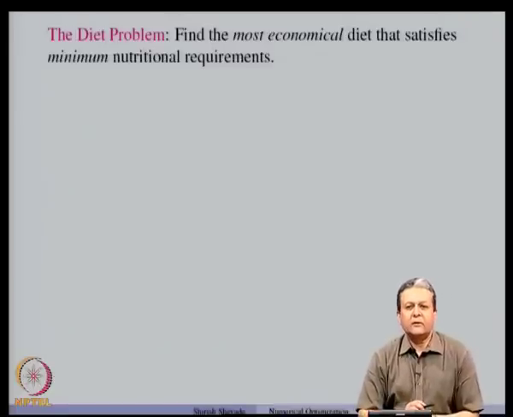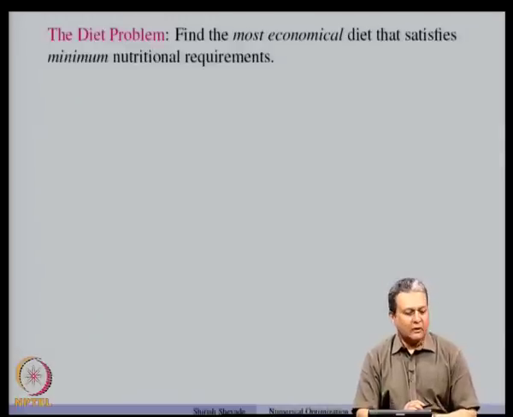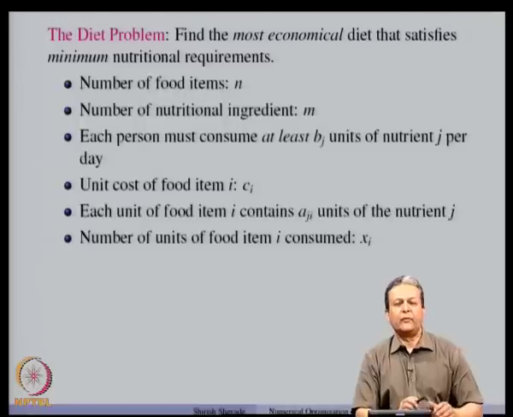This is called the famous diet problem. The problem is that we want to find the most economical diet that satisfies minimum nutritional requirements. So, let us look at the problem description in detail.